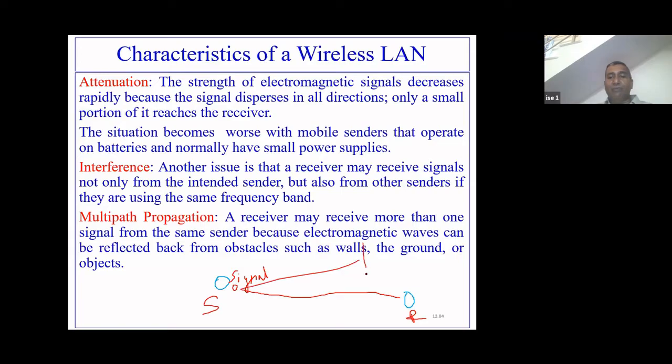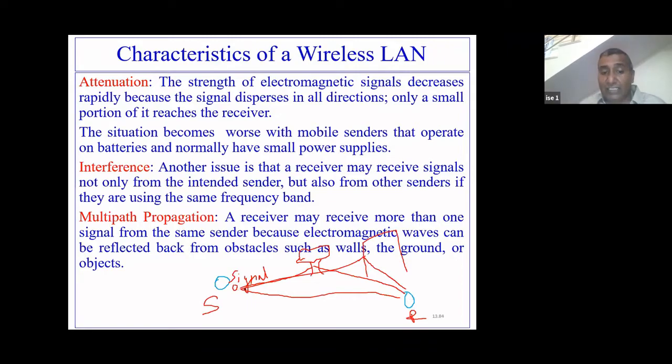So suppose there is a wall, and this signal hits the wall, and after hitting it may go in this direction. A wall of a tall building is there, it hits the wall. Or assuming there is a tree here, this signal may hit the trunk of the tree, and it may also get reflected in the direction of the receiver.